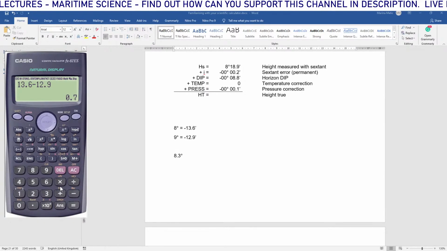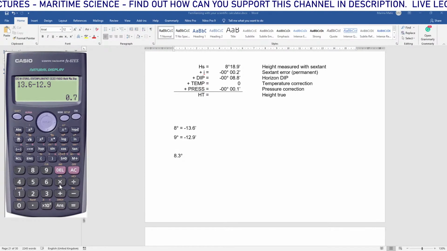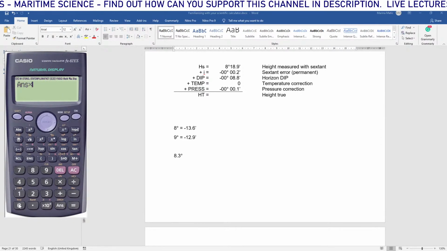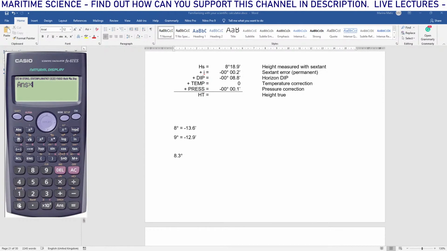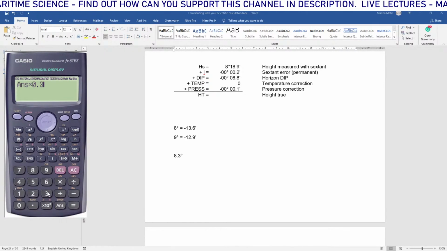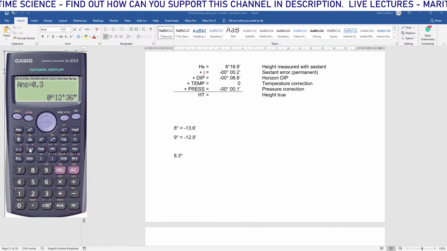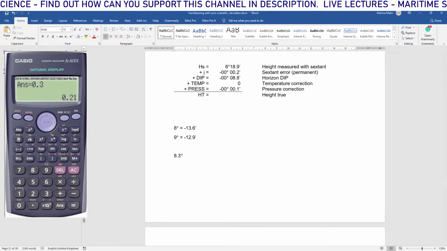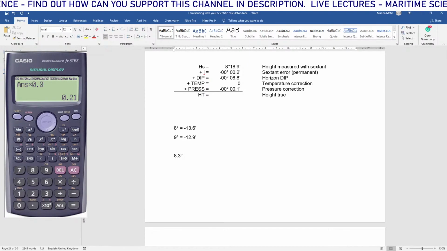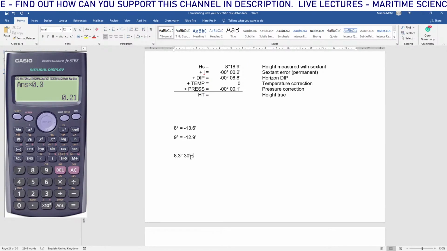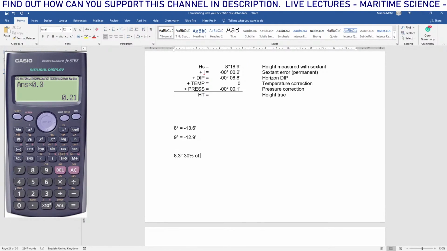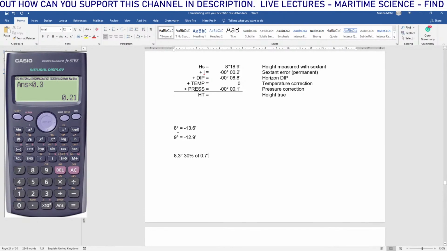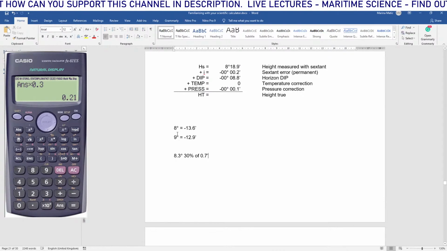So how do we get, usually I do this by head, so I have no idea how to do this by calculator. Let's see, is it by multiplying it by 0.3? Yes, it is. So it's 0.2. So 30% of 0.7. That is what we need. Why 30%? Because between 8 and 9 is 1.